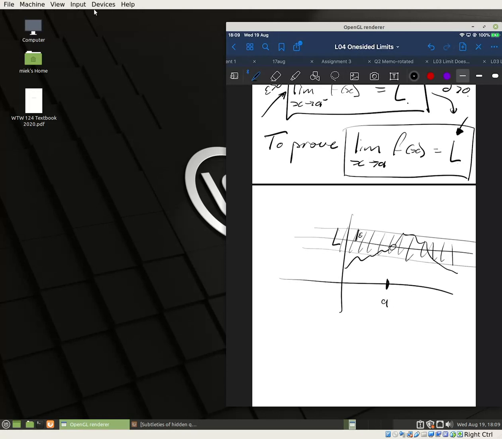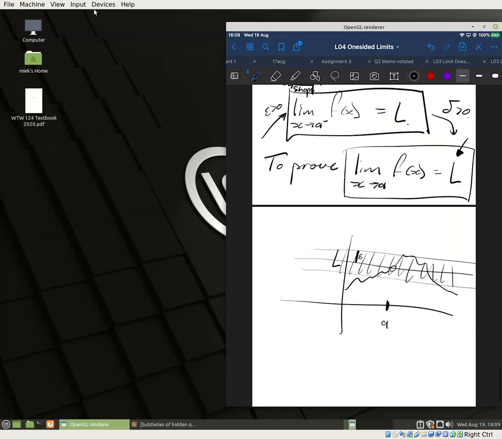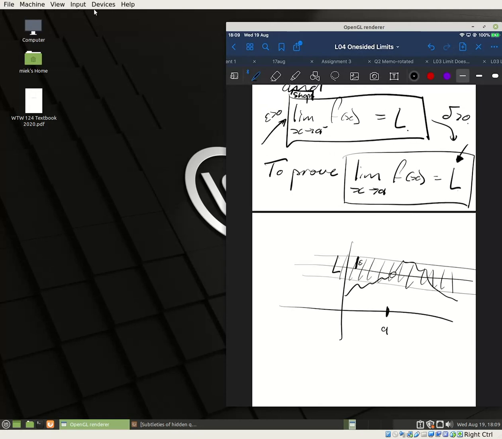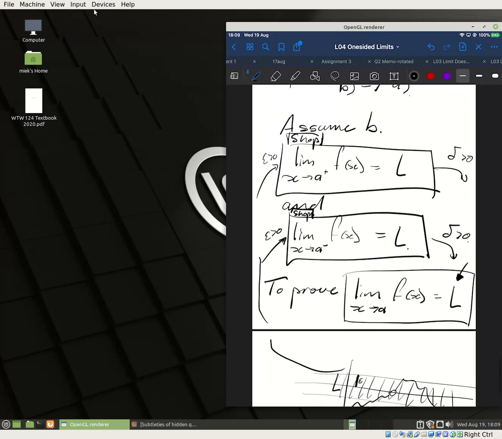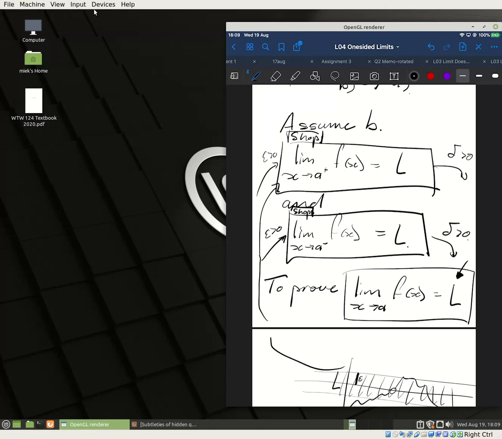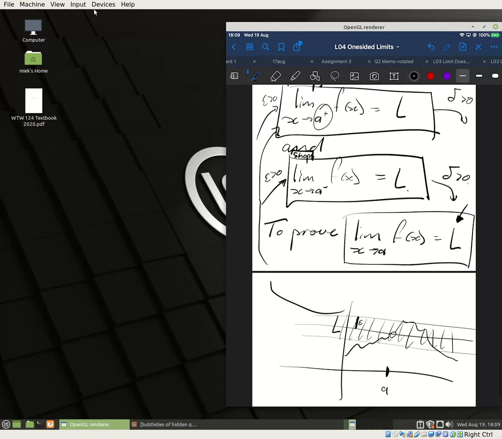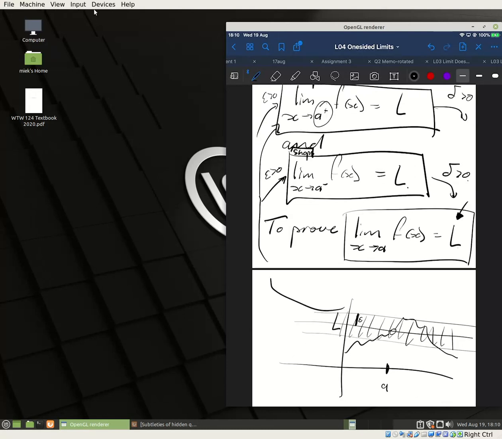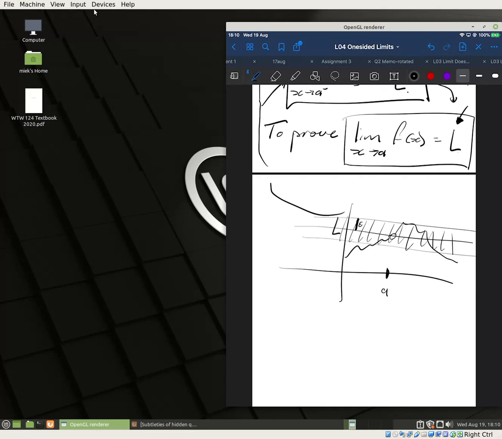So we fix any epsilon, then we take this epsilon to this shop that will give us a delta that works to the right of A. So we get out a delta, let's call it delta plus, that works to the right of A. So this is A plus delta plus.